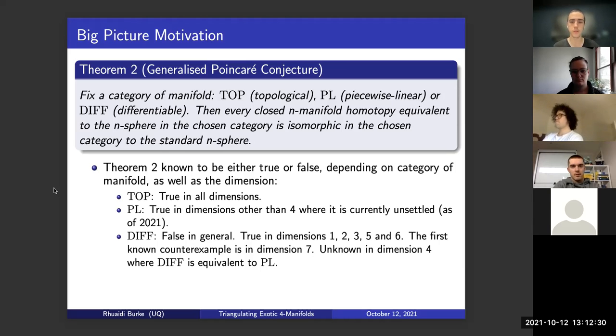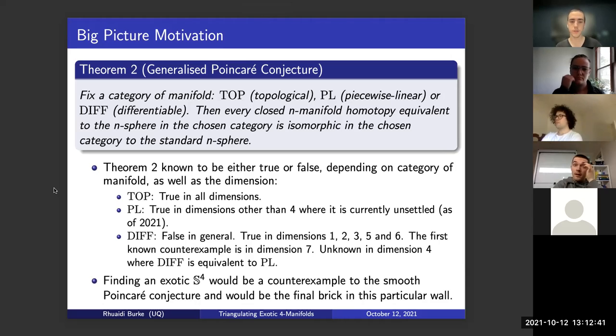It's unknown in dimension 4, where it's an open problem and where smooth and piecewise linear coincide. Finding an exotic 4 sphere would be a counterexample to the generalized smooth Poincare conjecture, and would be the final nail in this particular problem.